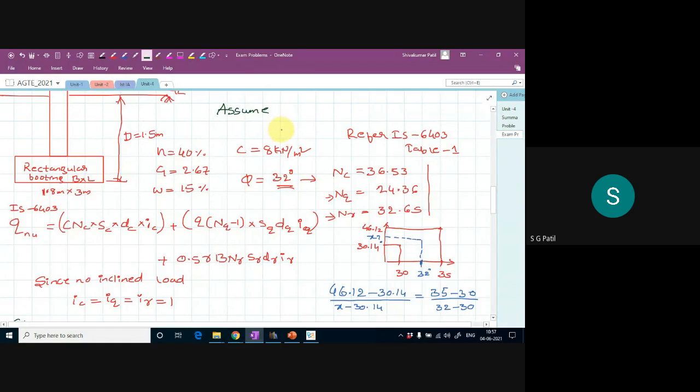Even if you want to assume it as a local shear failure, you should mention here what you are assuming. So assume it as general shear failure. You should mention it properly.